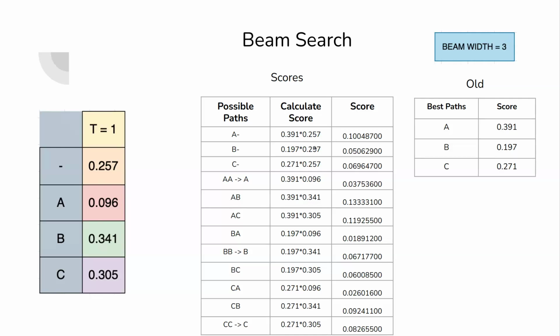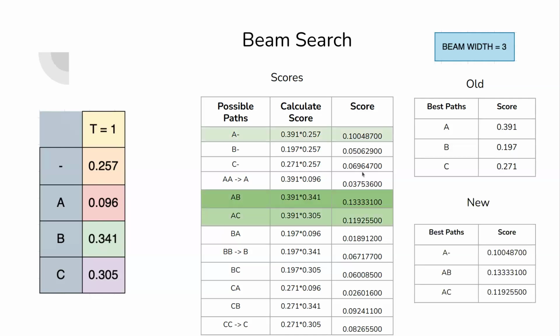So right now, if you look at this, we have AB, and the greedy approach would have also chosen AB.